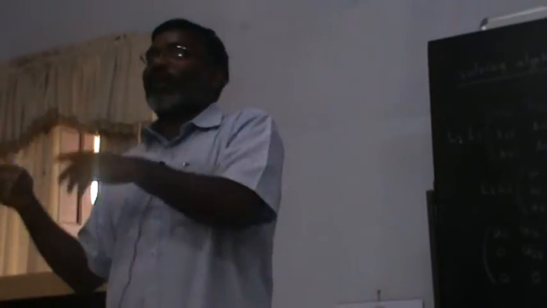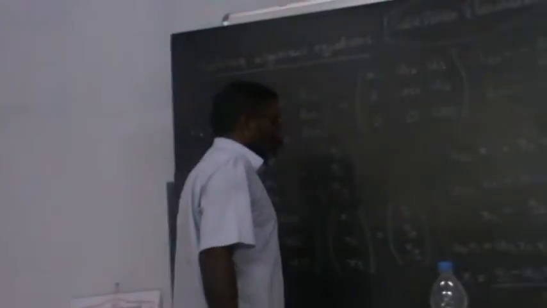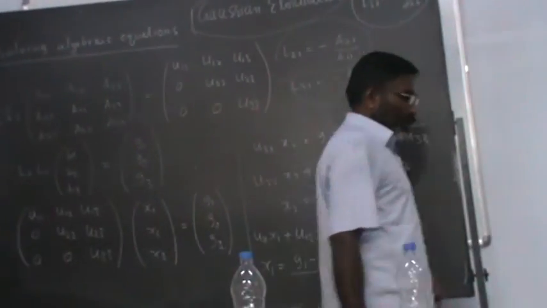If you have a lower triangular matrix, then you do a forward substitution. You first find x1, then get x2 from x1, and from x1 and x2 you get x3 and so on. So this is called Gaussian elimination, and this is very, very famous. It is used very much in computers for solving linear equations.